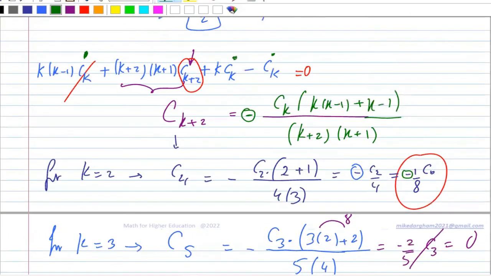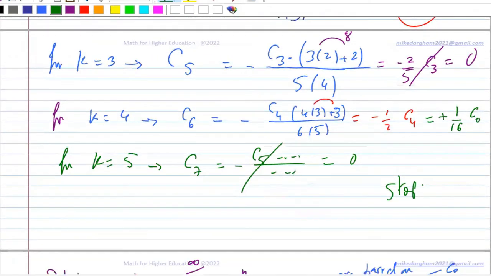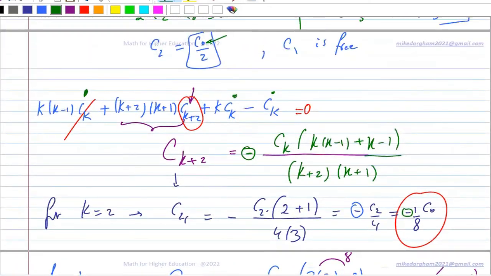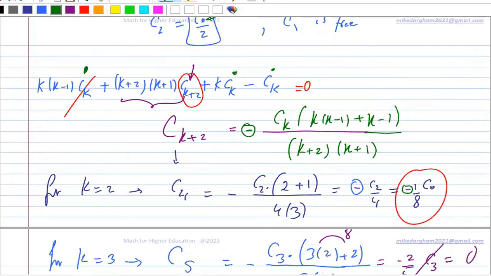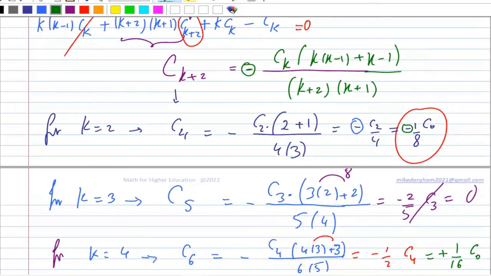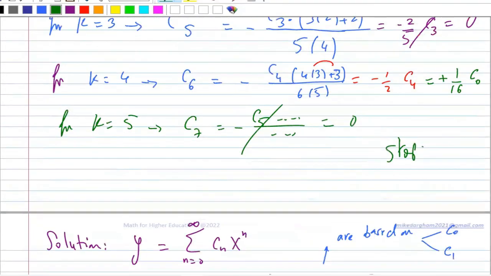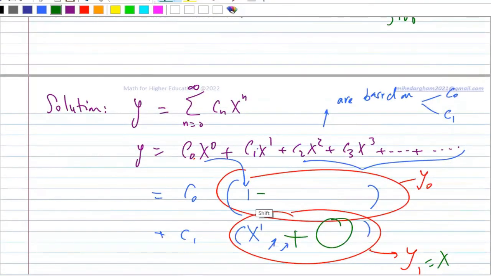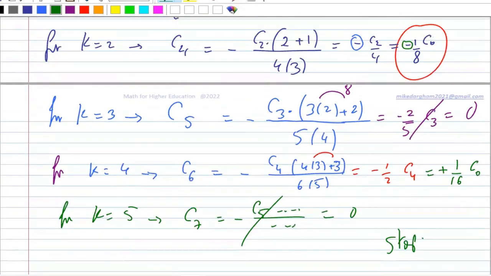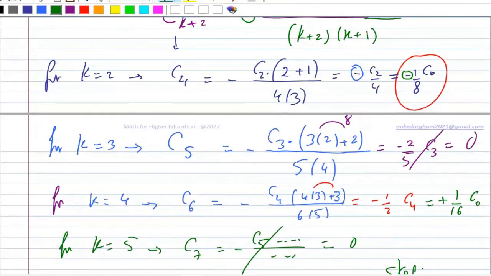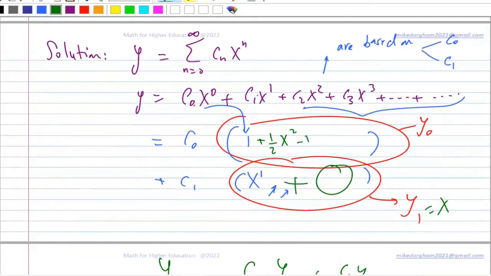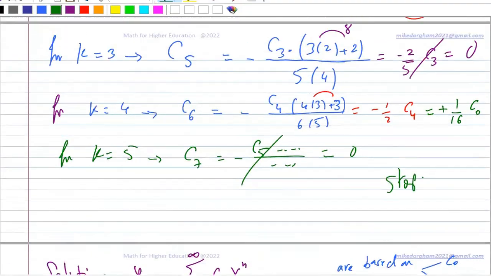So y is C1, where's C1? C1 is free. There's nothing based on C1. Okay, C2 is a half, we said. So half C2 means half x squared, because C2 is half C0. Now, how much is C4? C4 is minus 1 over 8, you see? So I go on with minus 1 over 8 x power 4, because it is C4.